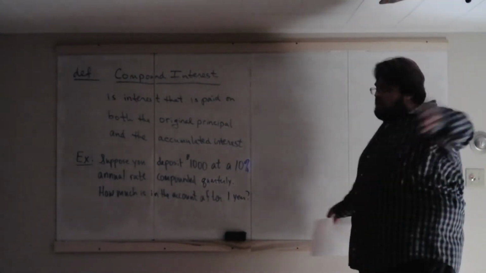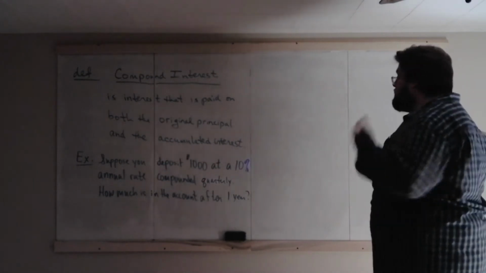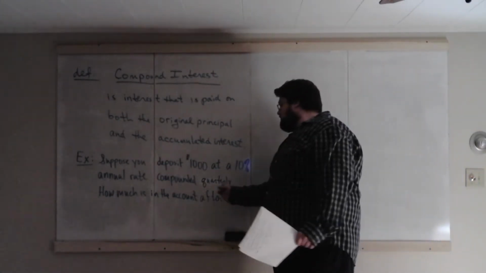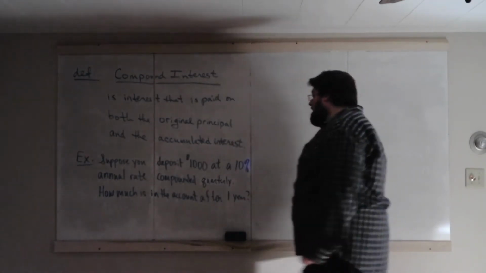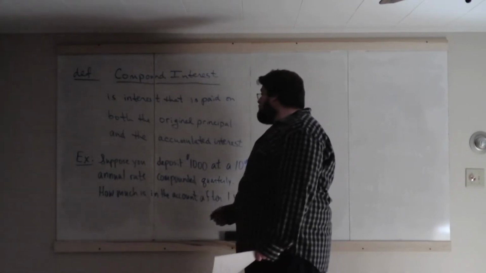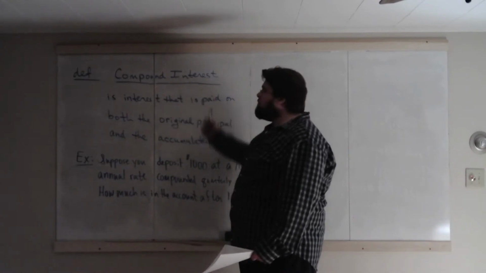So after 3 months you'll earn some interest, after the next 3 months you'll earn some interest, after the next 3 months you'll earn some interest, and then at the end of the year you'll earn some interest. So each quarter you get some interest. And after that quarter is over, the interest you earn, you then earn more interest on, because it is compounding interest.